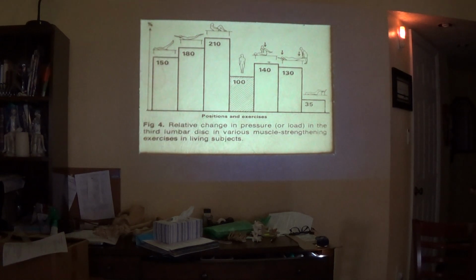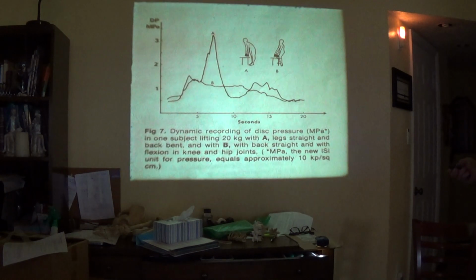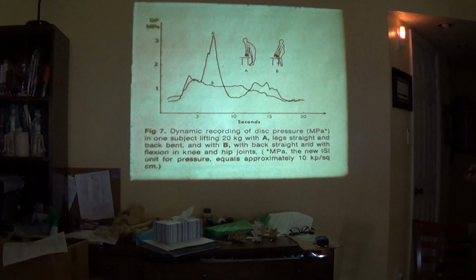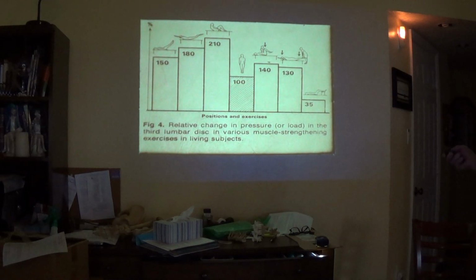And then they did a variety of types of movements and saw what effect these movements had on the interdiscal pressure. And they found that one of the highest pressures really was sit-ups right here. So this is something that you really want to avoid.